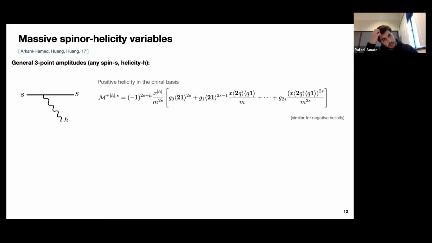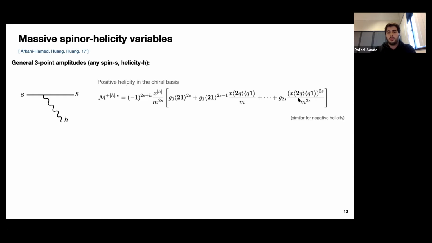So, coming back to the Arkani-Hamed, Huang and Huang description of the massive spinor-helicity variables, they write general 3-point amplitudes. Here I'm just writing the general 3-point amplitude of two massive particles of the same spin s and the massless particle with helicity h, and this comes as a sum where you're increasing the number of this type of operators.